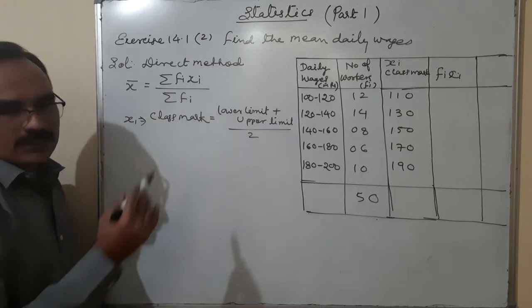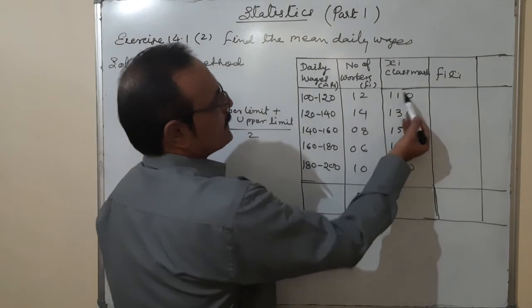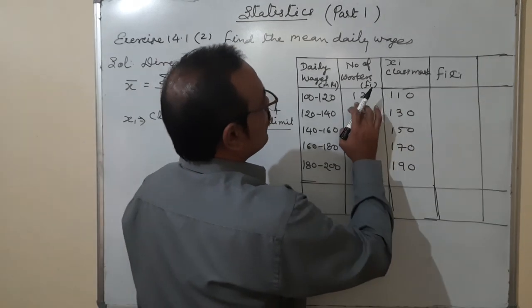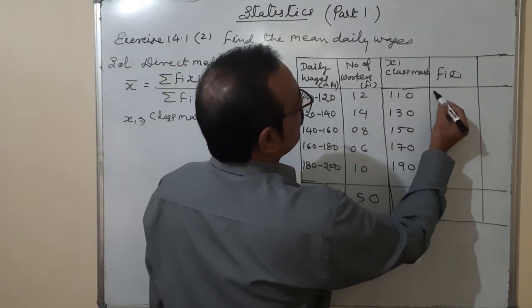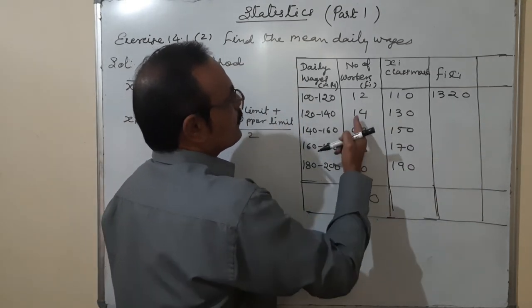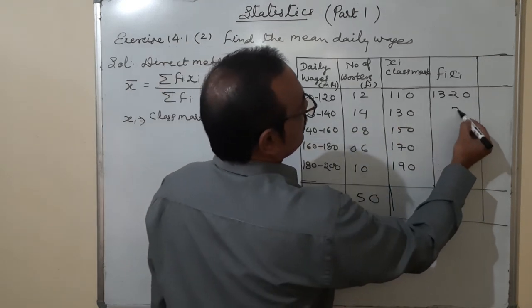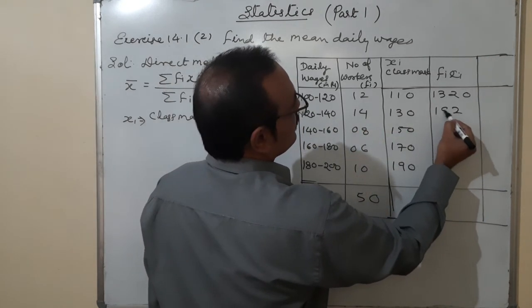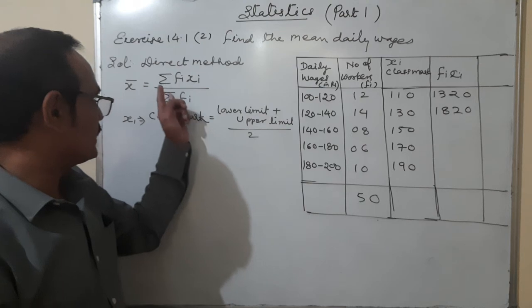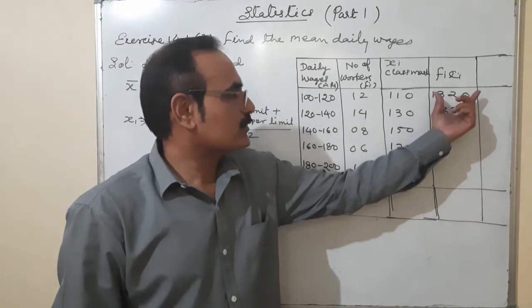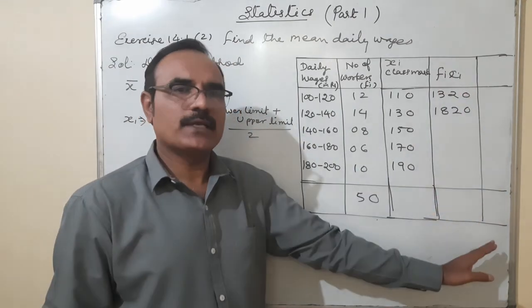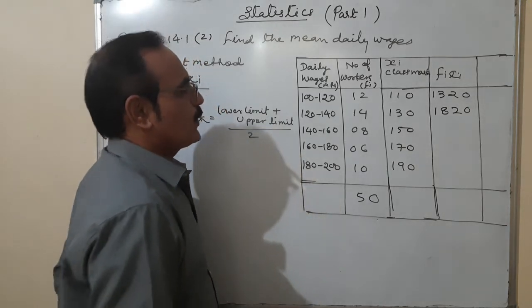Fi multiplied by xi, so we are going to multiply. 12 multiplied by 110 is 1320. 14 multiplied by 130 is 1820. Always maintain this when writing, because summation is given here, which means we are going to add the column. So write the numbers with unit place below unit place and tens place below tens place, so that the calculation is done here only. Other rough work is not required.